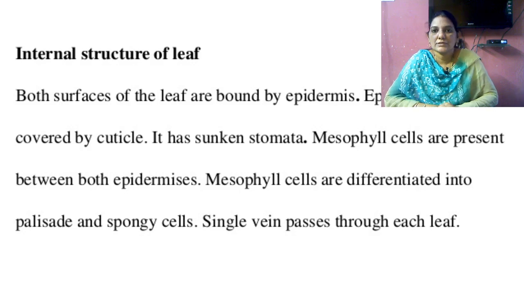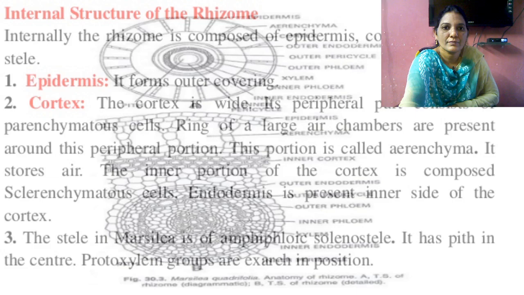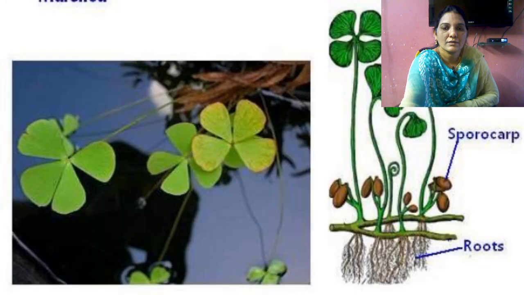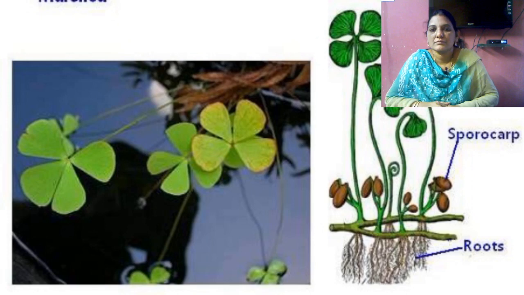Here is the internal structure of the petiole, and it is divided into three parts: epidermis, cortex and stele.